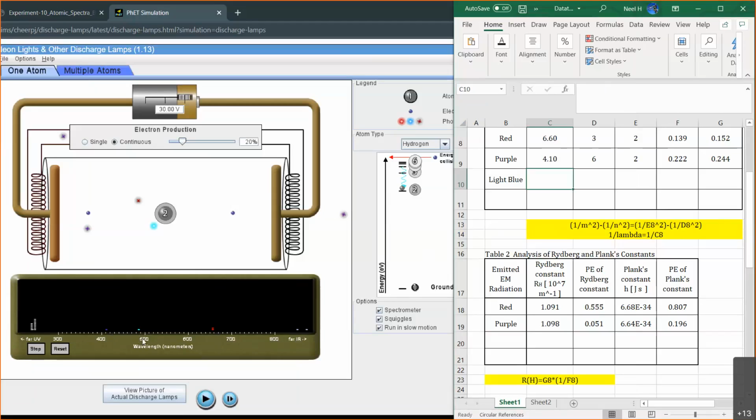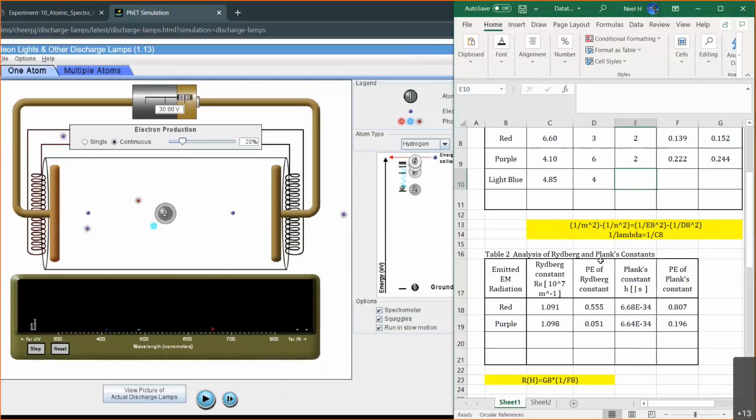We can read it as 485 maybe. That's the closest we can do, right? 485. There will be a little bit of error there. Try to read it as accurately as possible, but we can't read anything beyond the 5 nanometer level, because that's the error we can estimate there. Least count is just 10 nanometers on that scale.